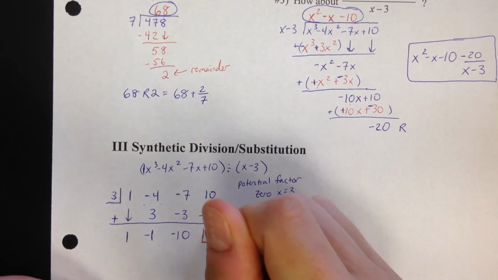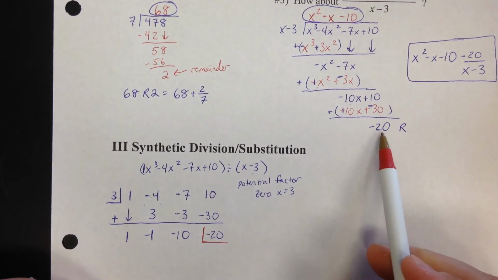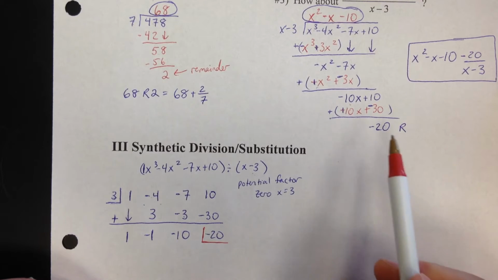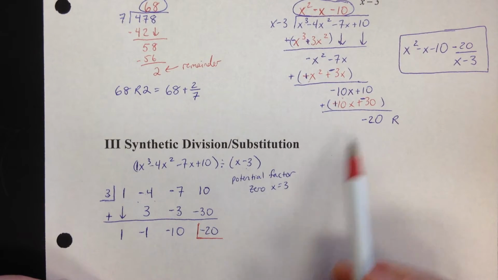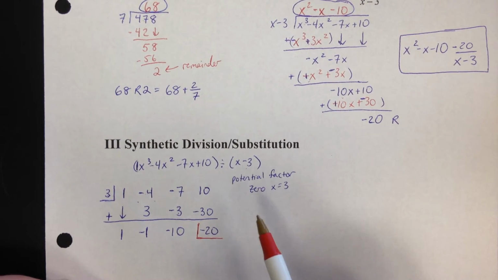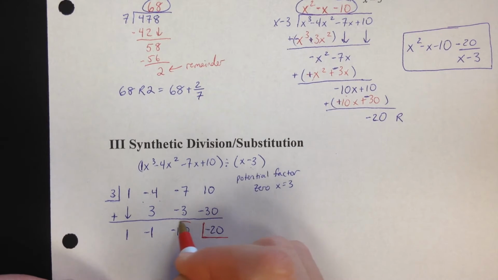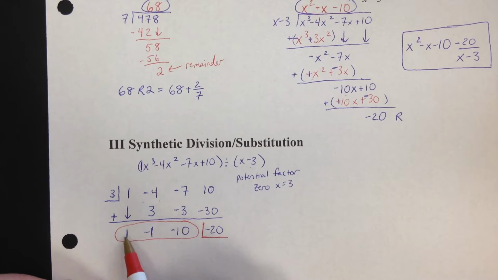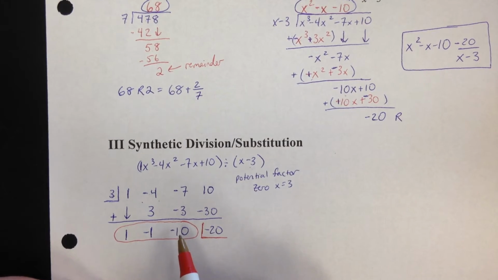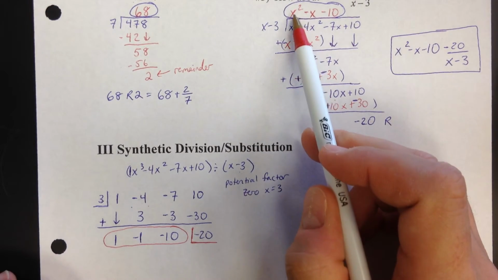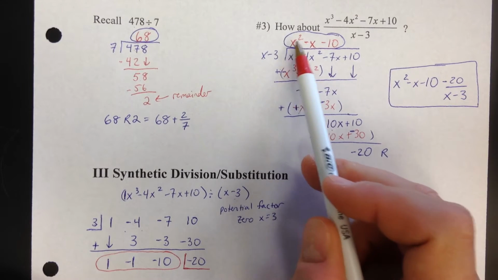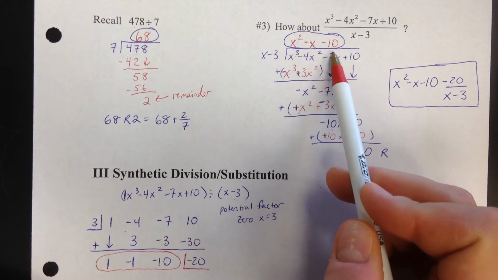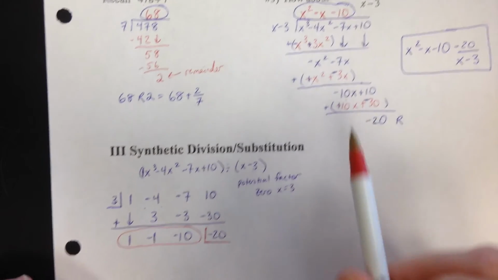Notice that the last number, negative 20, is the same as what we had for the remainder. That's always going to be true. Notice that the other numbers down here, now these are coefficients, 1, negative 1, negative 10. Notice that what we had up here was 1x squared minus 1x minus 10.